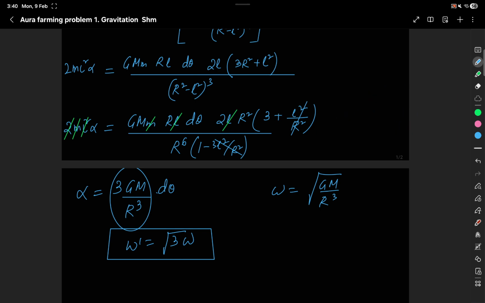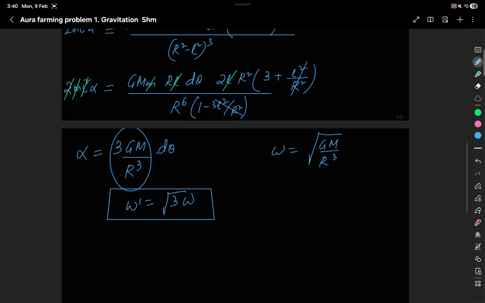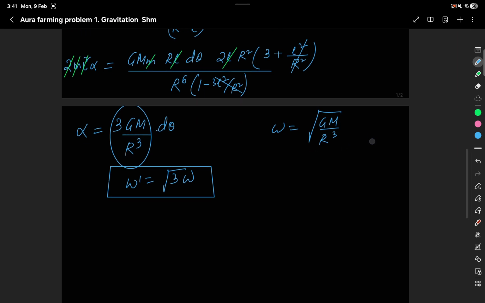You can clearly understand that this is the frequency of the simple harmonic motion produced by the dumbbell satellite. So this is coming 3 times of this one. This is omega dash, and this is omega only. So omega dash is root 3 omega. So this will be your final answer.